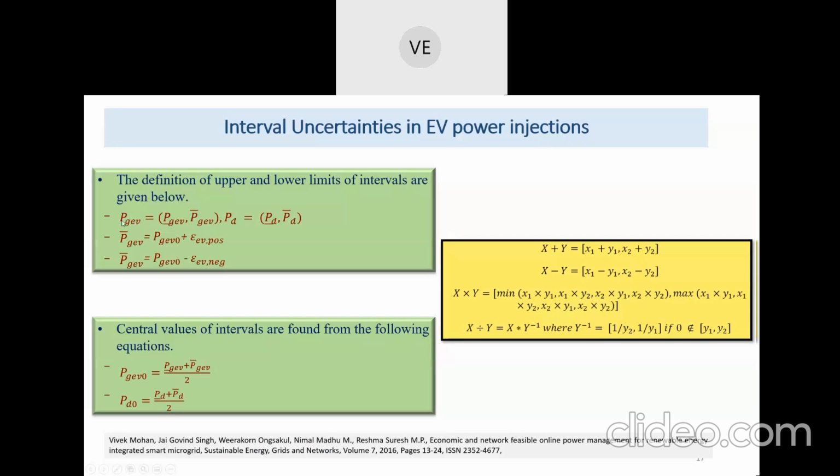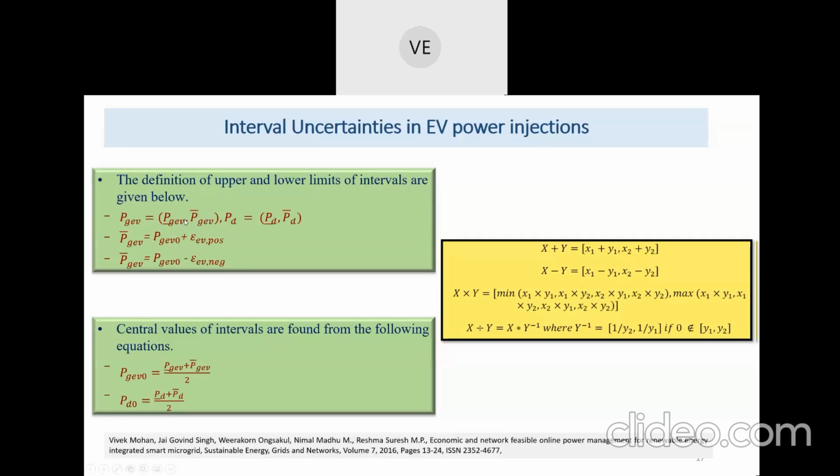EV is connected to a particular node. Power injection because of EV discharging, right? In EV discharging mode, this power can be a maximum of P upper bar or a minimum of P lower bar, because we know that there are uncertainties in EV power injections based on the uncertainty in state of charge and number of vehicles available in the parking lot.